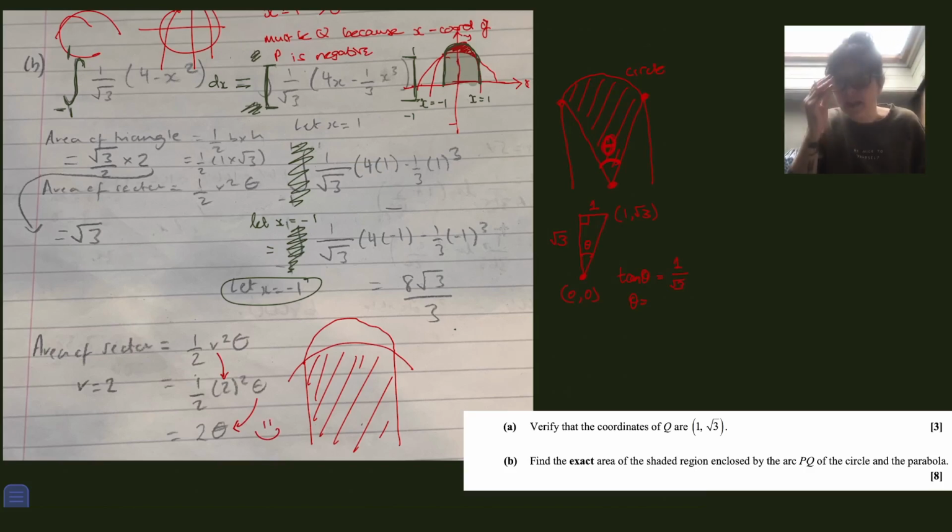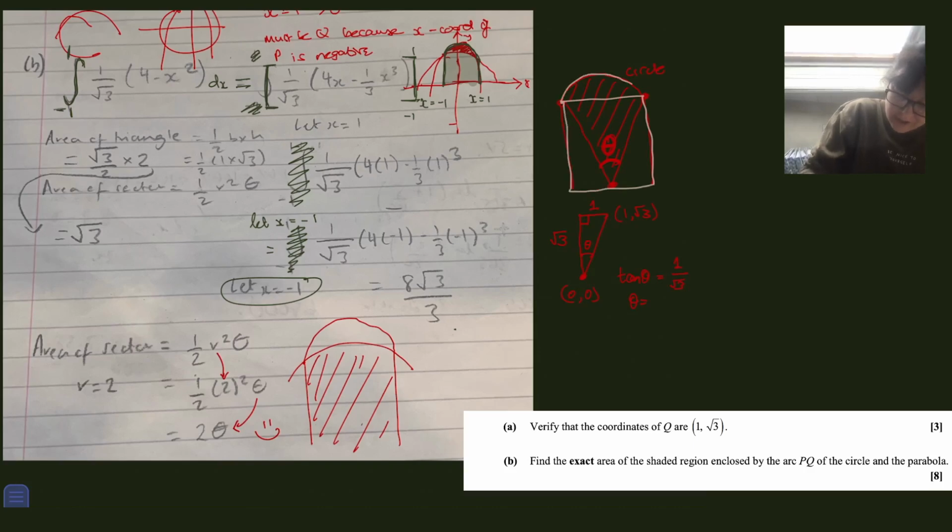That was a little bit tricky, I admit. That was a bit tricky, but it was doable. We could have found that, and then we would know the area of the sector. But that's still no good, because the thing that we want to take off our green bit, the thing that we want to take off there is, let's change colour, is this. And that.